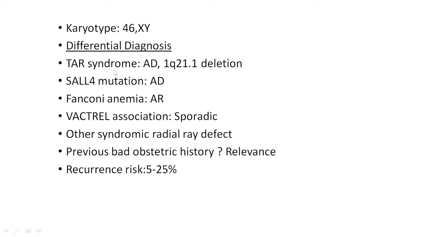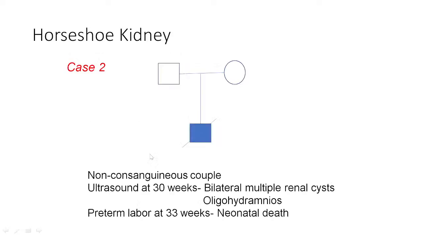What are the differential diagnoses? TAR syndrome, Fanconi anemia, VACTERL abnormality, and other syndromic radial ray defects. Fair enough. When that type of scenario is there, we have to see whether it is autosomal dominant or recessive. It is likely recessive, and the recurrence risk is 5 to 25%.